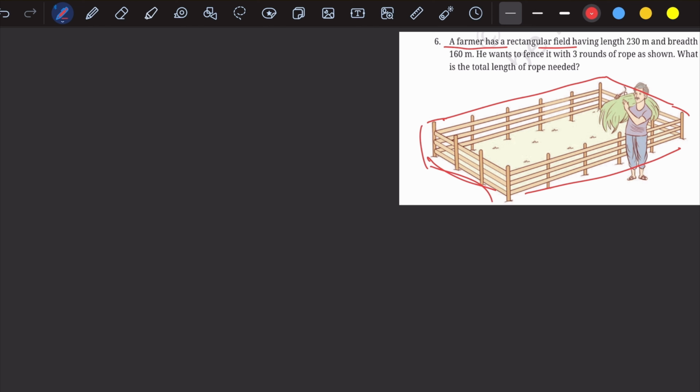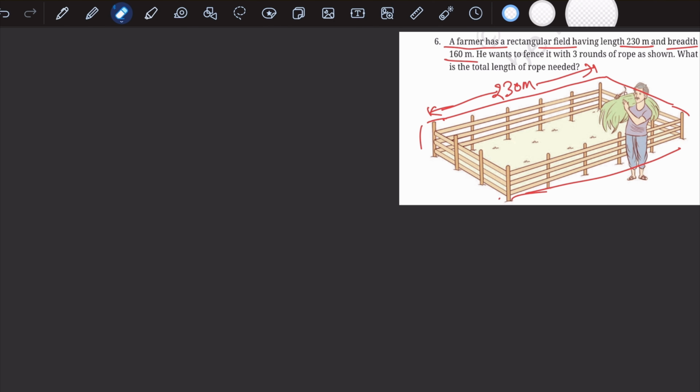Having length 230 meter. The length is given; this length is 230 meter. It is given in the question, so I am not making any other figure. And the breadth is 160. So this one is the breadth. I will take this breadth as 160 meter.